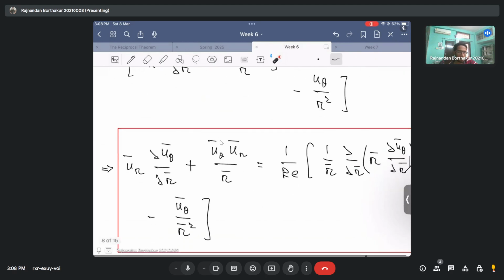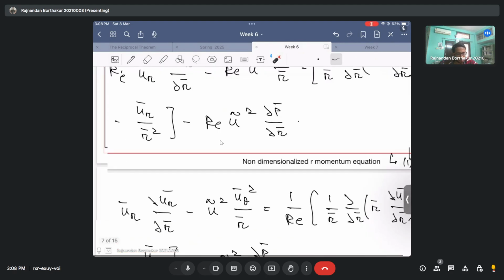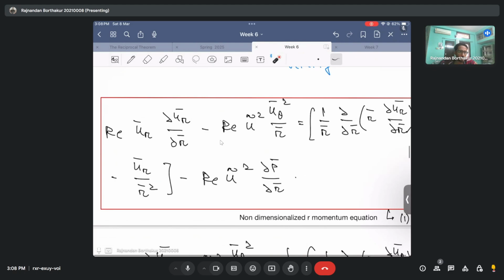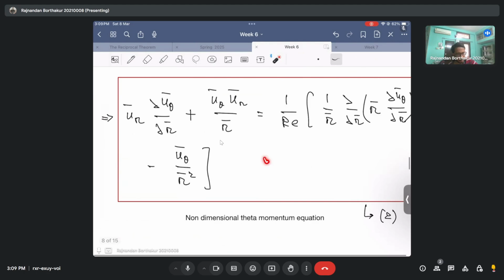Now, herein we saw a challenge. When we wrote the r and the theta momentum equations, we saw that these equations are indeed coupled, meaning that the unknown velocities ur bar and u theta bar, along with pressure, appeared simultaneously in the r momentum equation as well as in the theta momentum equation, meaning that we also need one more set of equations to get the unknowns which were coupled here.